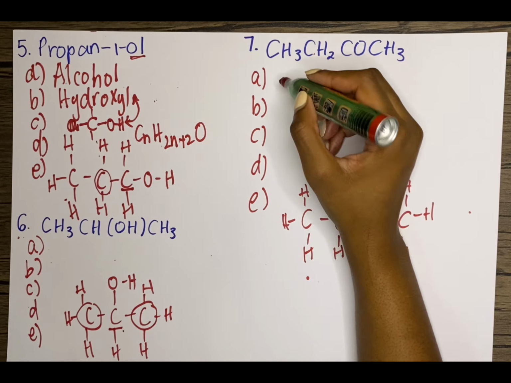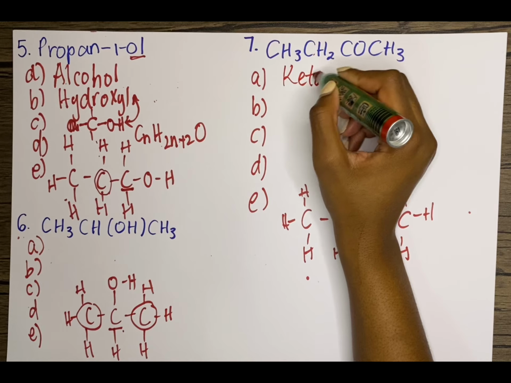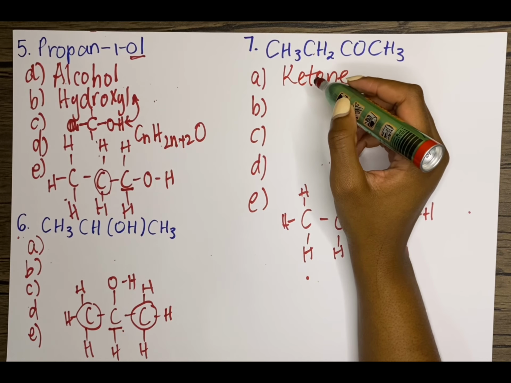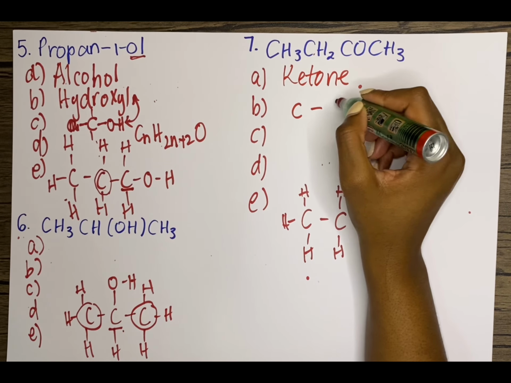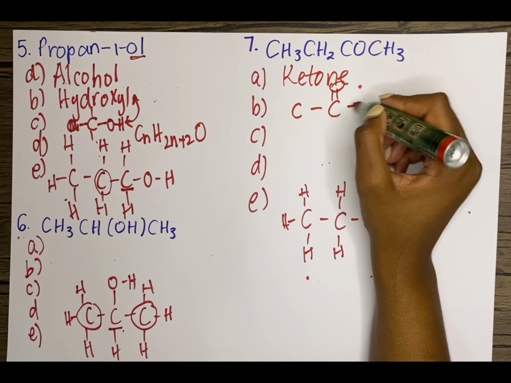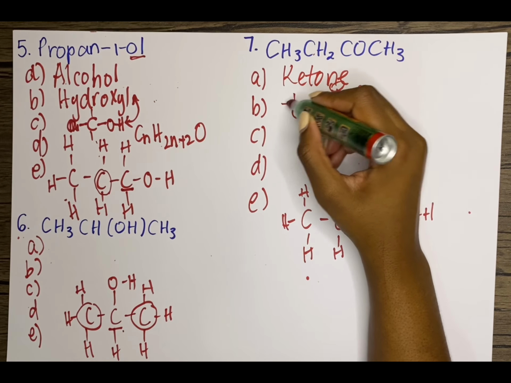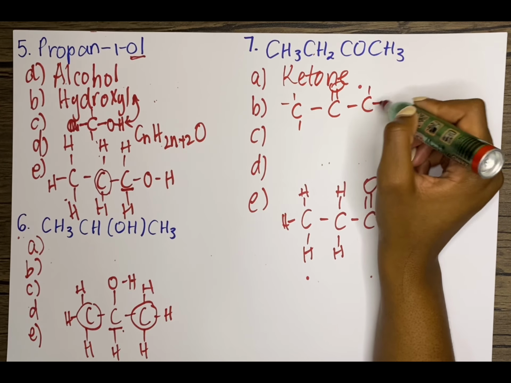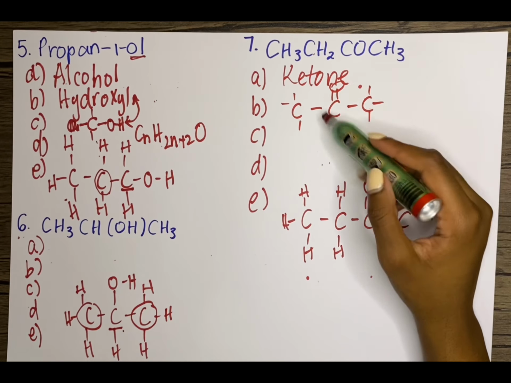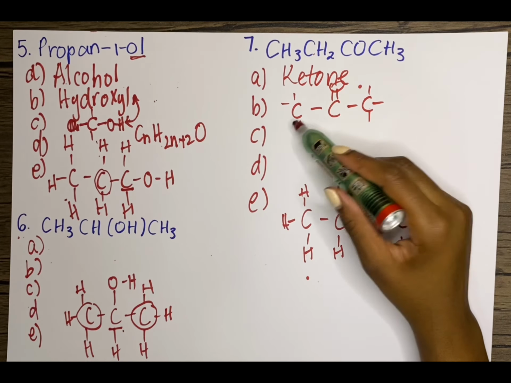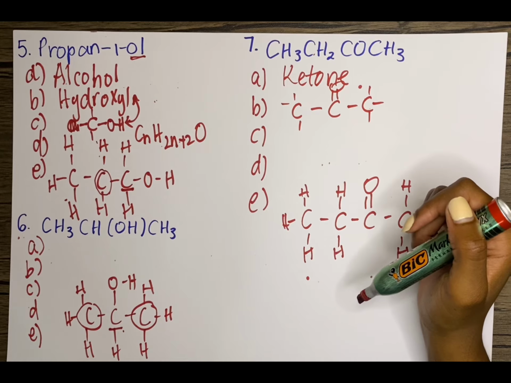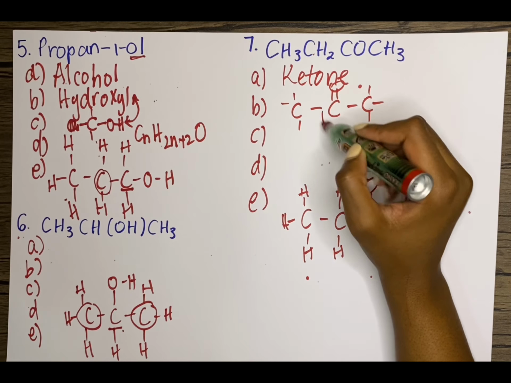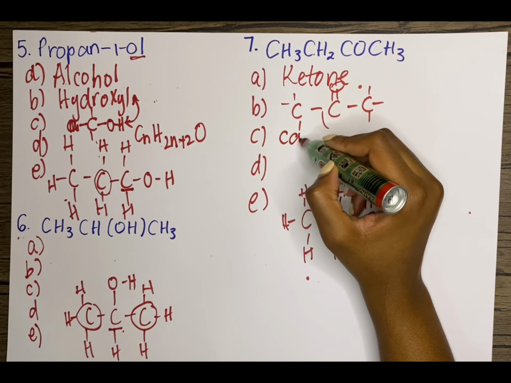So this would be a ketone, right? The carbon that has this double bond O must be bonded to 2 other carbon atoms, right? And the name of the functional group is a carbonyl.